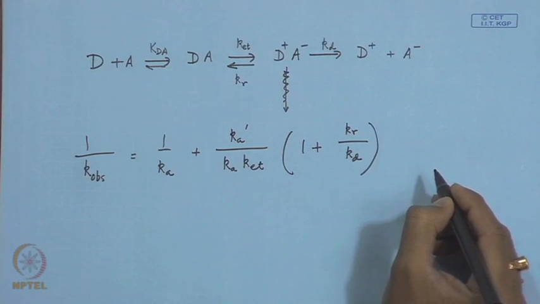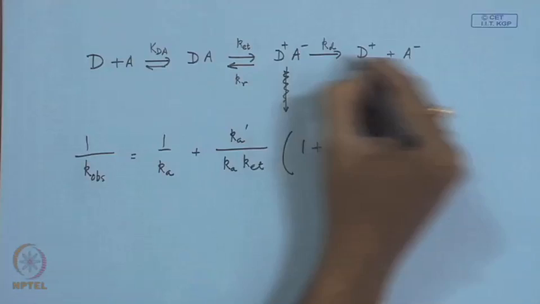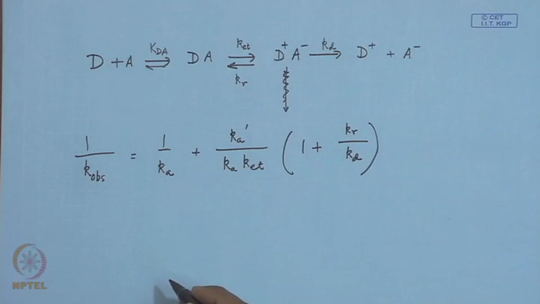Okay. When Kd is very much greater than Kr: what is Kd? Kd is the dissociation rate, compared to your reverse electron transfer rate.